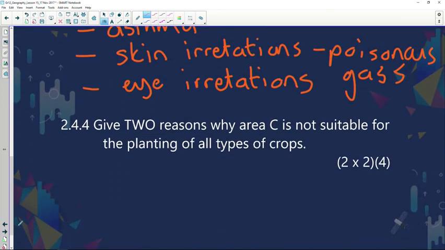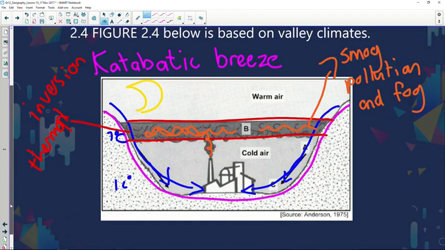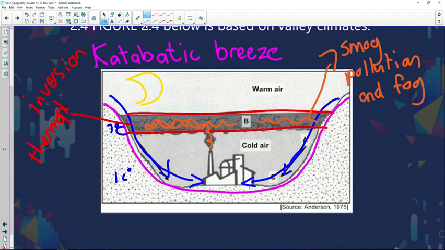Give 2 reasons why Area C is not suitable for planting of all types of crops. Now let's just quickly have a look where Area C is. C is on the bottom of the valley. It's this area over there.